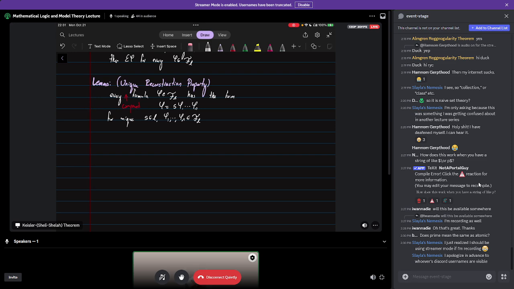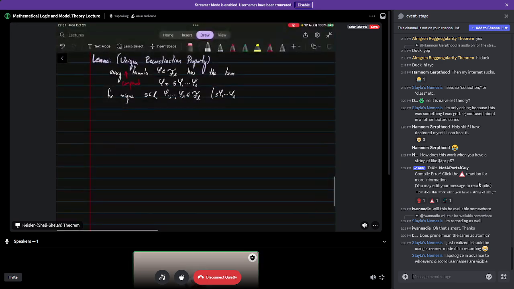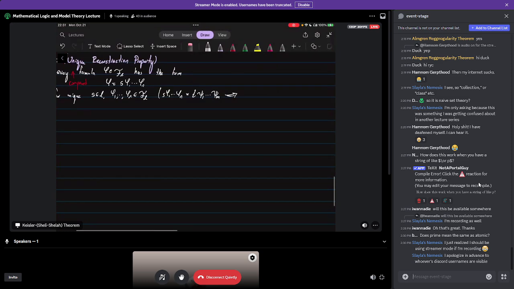So for unique S in L and phi 1 through phi n in F of L, what this means is that if S phi 1 through phi n is equal to T psi 1 through psi m, then n is equal to m, S is equal to T, and phi 1 is equal to psi 1, up to phi n is equal to psi n.